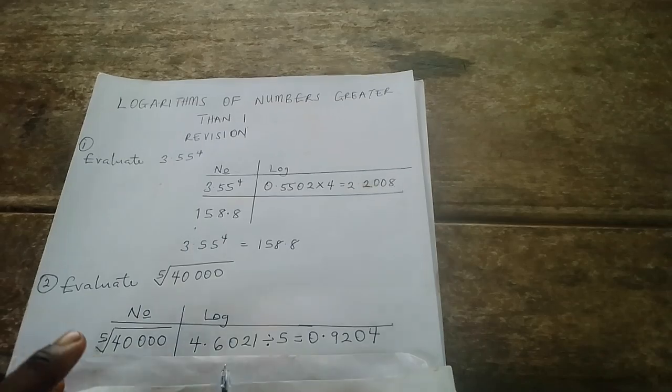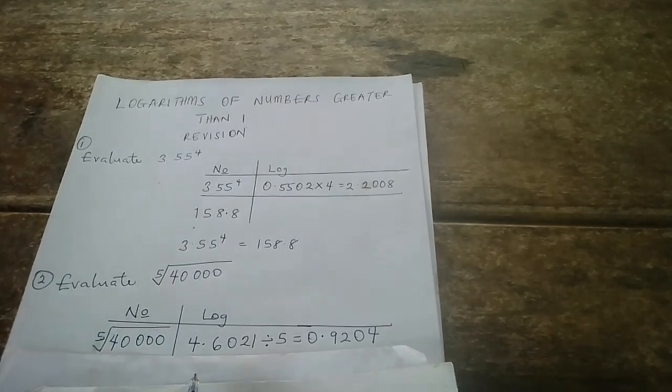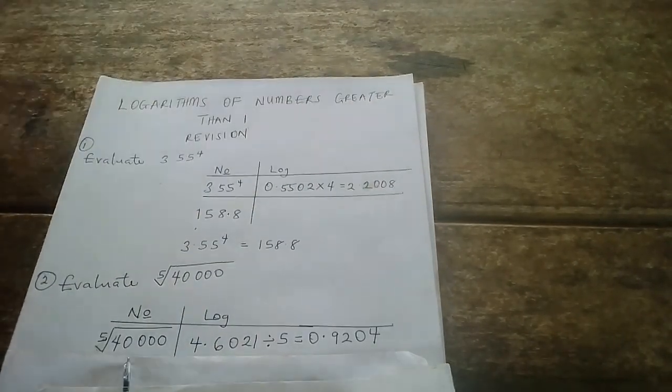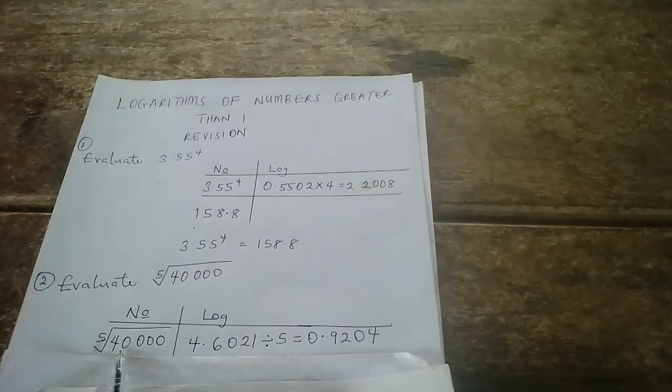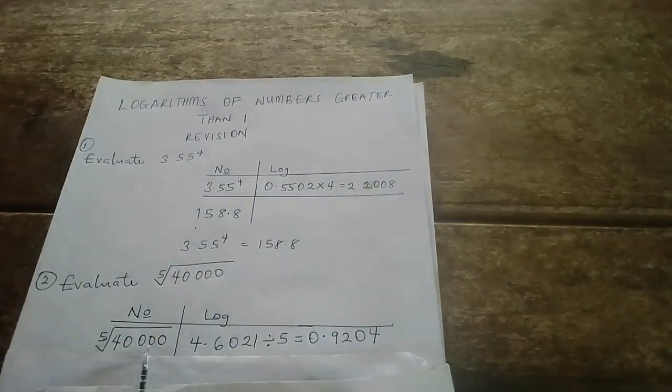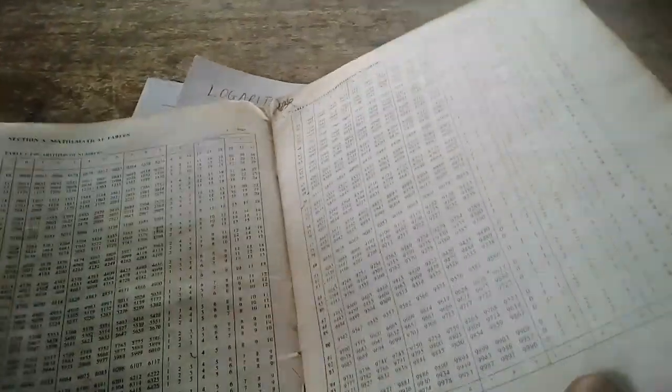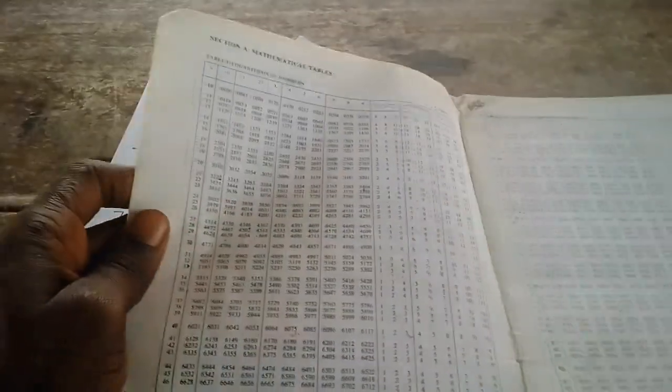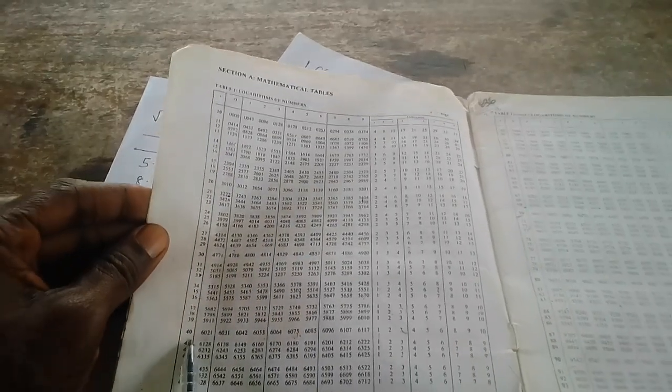Then you now pick your logarithm table. You are going to look for the logarithm of 40 under 0, difference of 0. So now you pick your four-figure table. The logarithm of 40 is here.